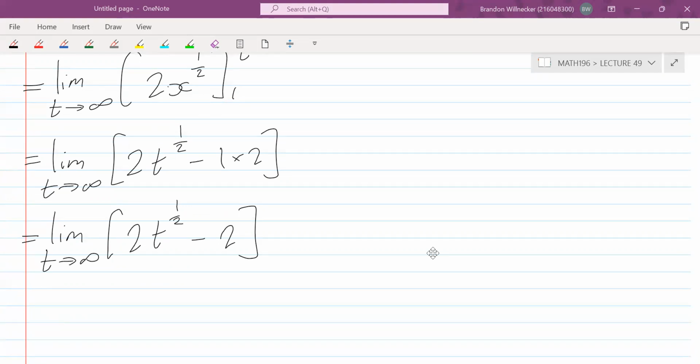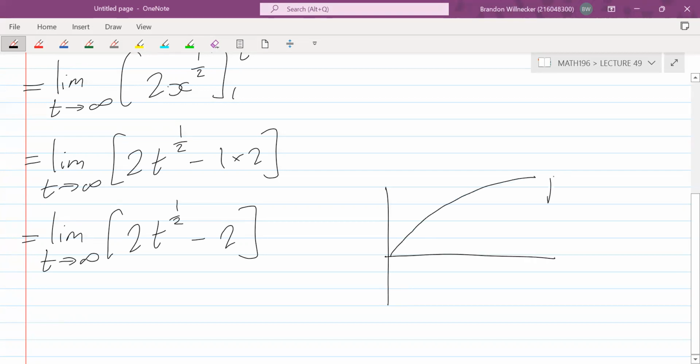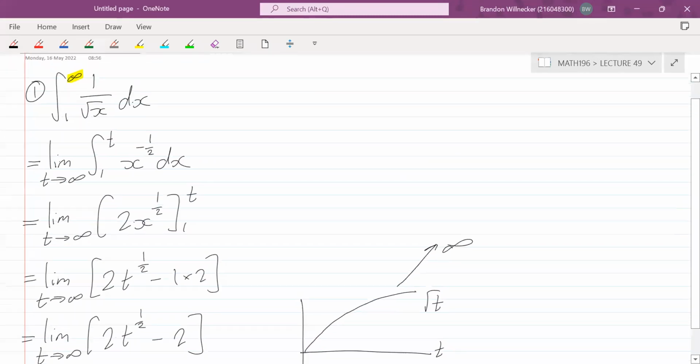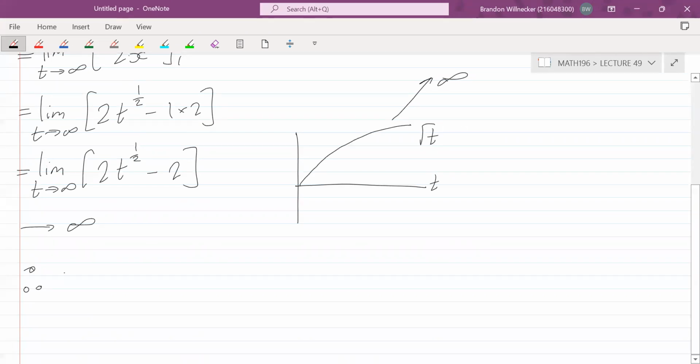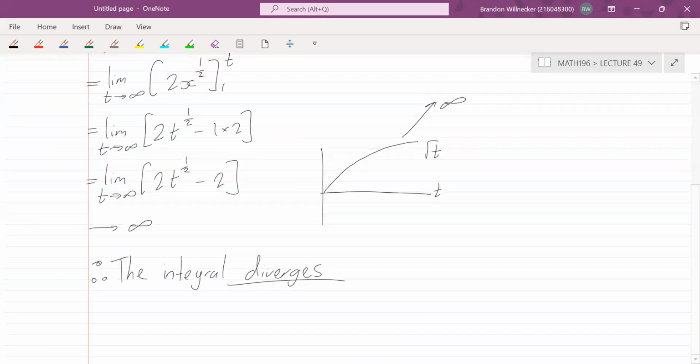The limit as t goes to infinity of root t is infinity, because if you remember the picture, it goes all the way off to infinity. It's not bounded by anything. So our limit goes to infinity, and so the original integral also goes to infinity. Since it goes to infinity, we say that the integral diverges. There's no number that we can put down for this integral.